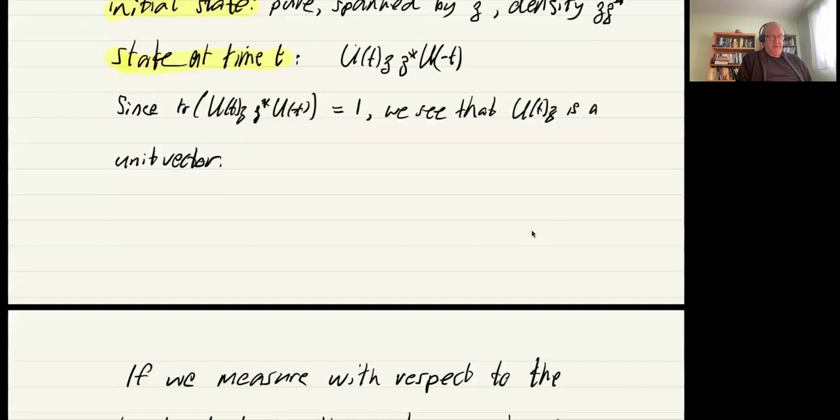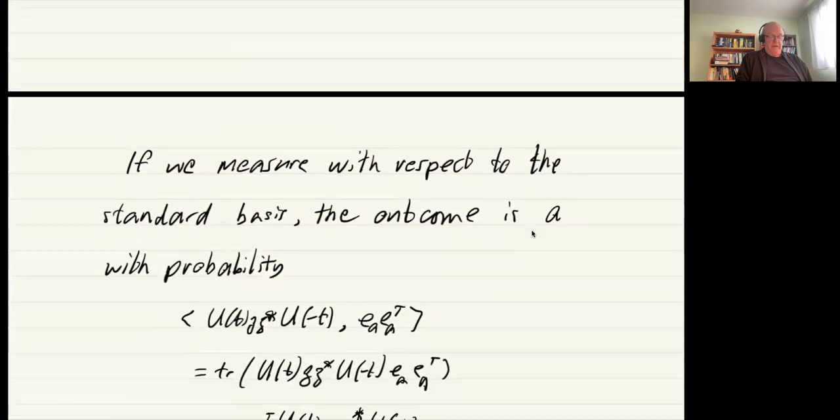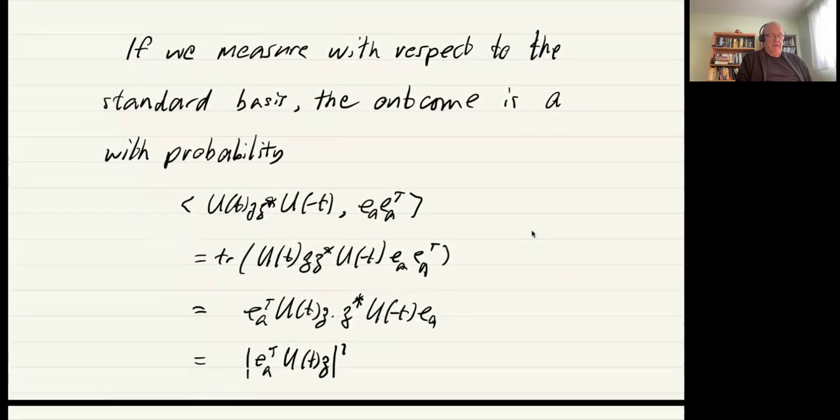Now the measurement. Well, I've gone through the strict formality here. So we have a POVM. We have a collection of positive semi-definite matrices, Q_r, summing to the identity. This is called a POVM.